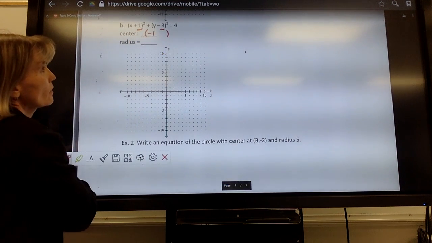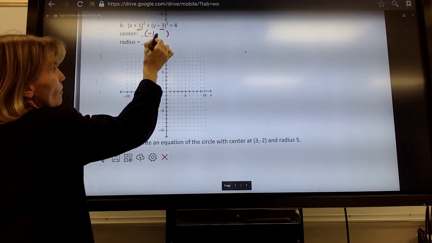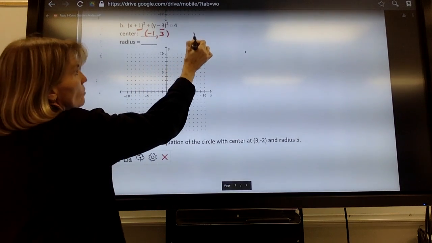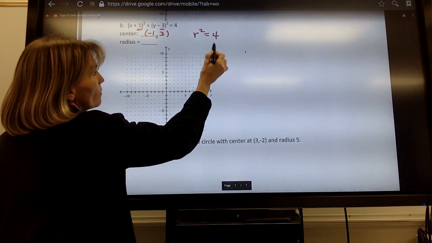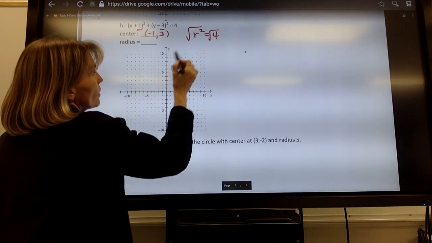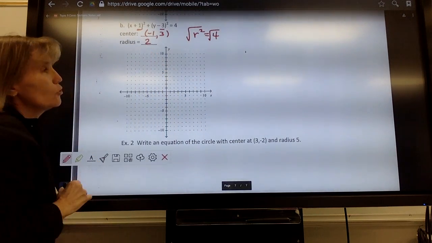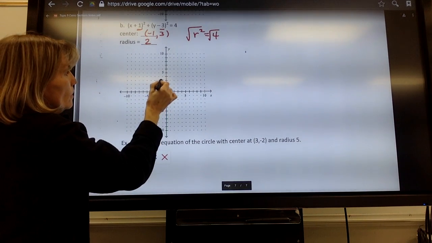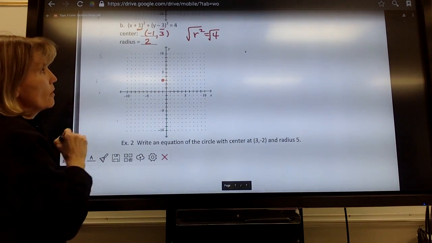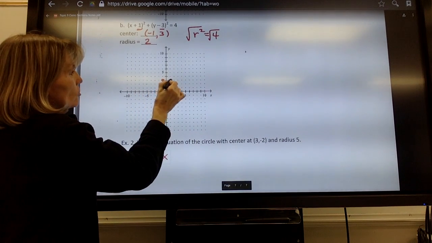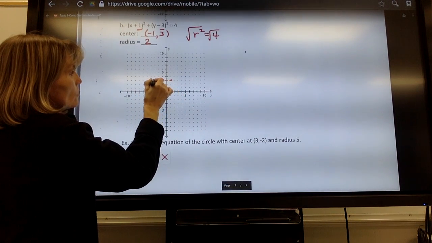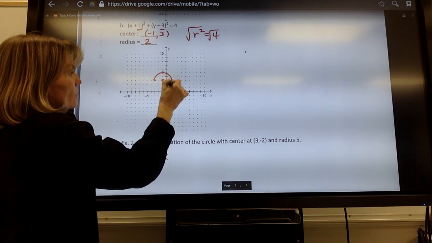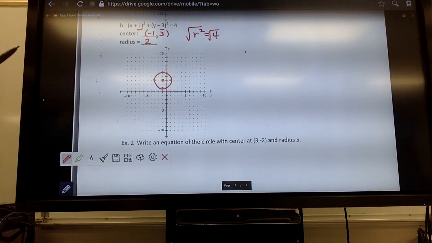Well, we had to subtract a negative 1. What did we subtract from y? Well, we subtracted a 3 from y. And then the radius. The radius squared is equal to 4. So if I take the square root of both sides, the radius is going to be 2. So I'm going to plot those. Negative 1, 3 would be right there. That's my center. And then the circle is 2 units in all directions from that point. So those are the points I'm trying to hit. And there's my circle.